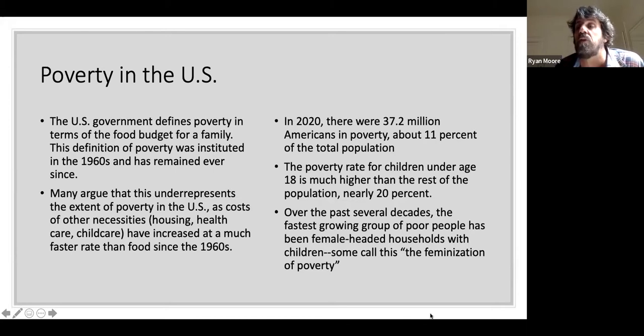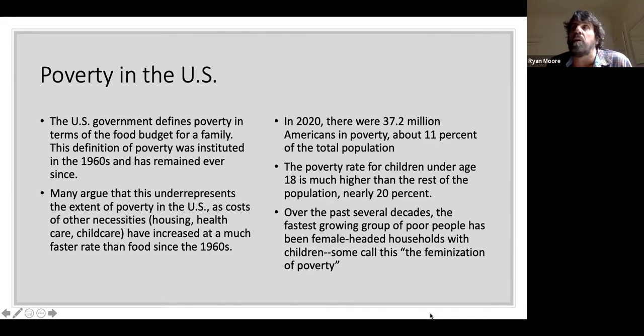Social scientists have used this term to describe this confluence of factors whereby women on the whole earn lower incomes than men, are more likely to be in jobs that pay poverty level wages, and are trying to raise children on their own with just one source of income.